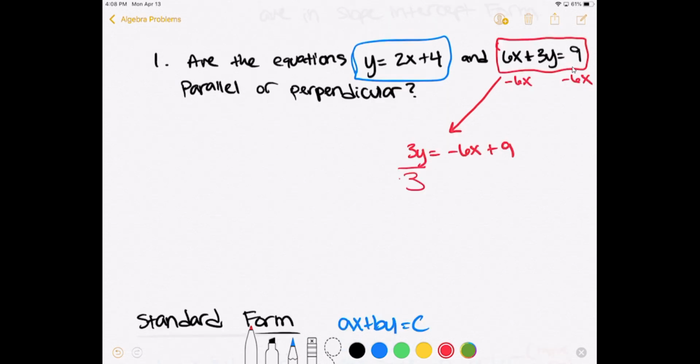Okay, waiting for this technology to catch up here. So again, I'm going to divide this 3 to the other side. But it's got to divide by everything on the other side. Okay, make sure you divide everything. So when I do that, I get y equals negative 2x plus 3. So now this equation is in slope-intercept form.